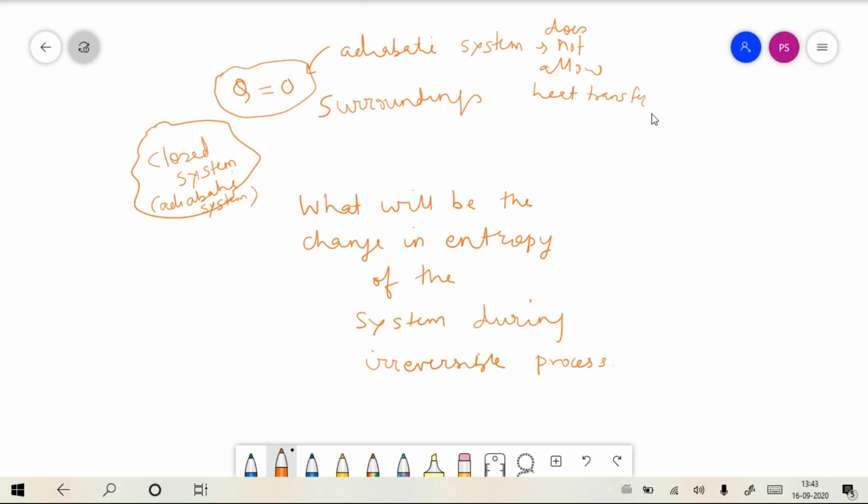See, again remember this, that change in entropy of this closed system can happen because of two things. One is change in entropy because of heat transfer, and other is the change in entropy because of irreversibility.